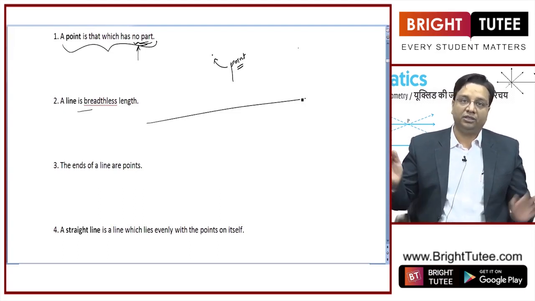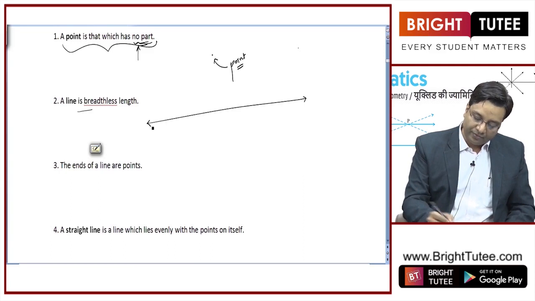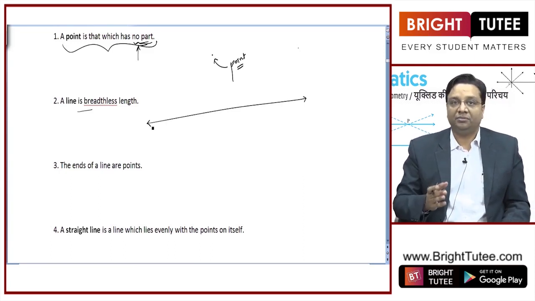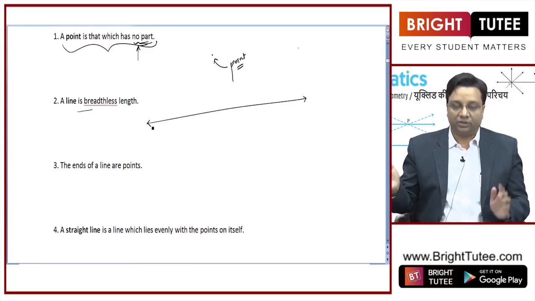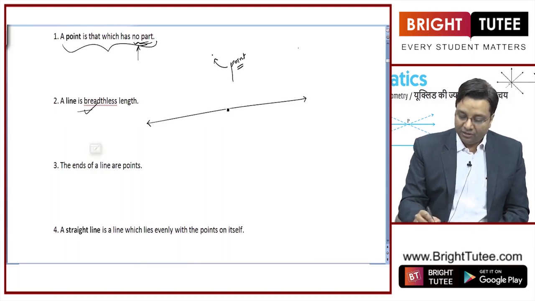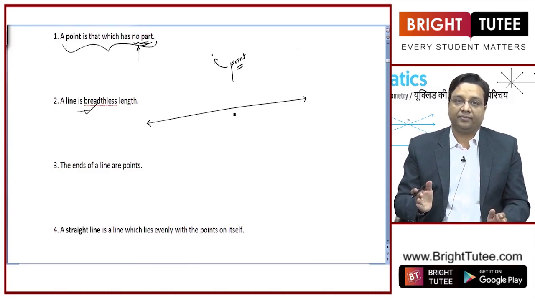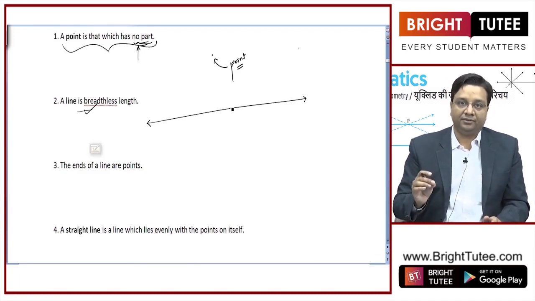So I'll draw these arrowheads. By drawing these arrowheads, I am making a statement that this line extends up to infinity on both sides, and this is breadthless. So it hasn't got any other dimensions apart from its length. So it is a breadthless length.